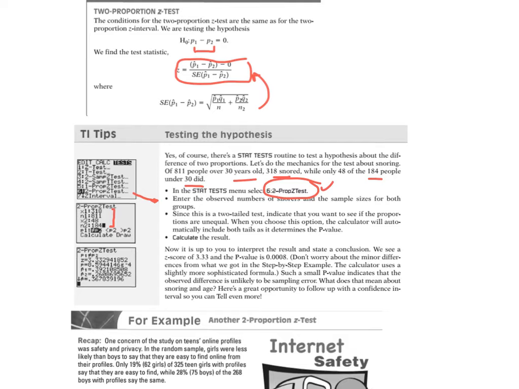So those are your initial. Your alternate, unless they state otherwise, is going to be does not equal. Usually they have it in the question, but it says, what does this mean about snoring and age? If they ask something about one of the groups being greater than the other, then you would choose the other 2 options. But notice they give you all the values here, and they do a lot of the work for you. So feel free to plug those in if you want to try it.